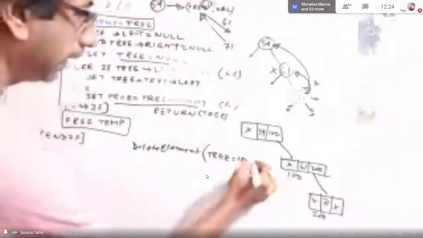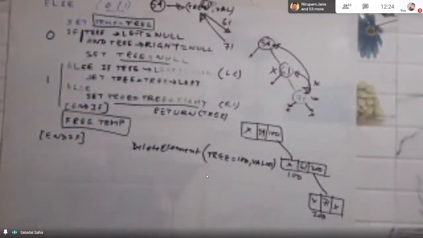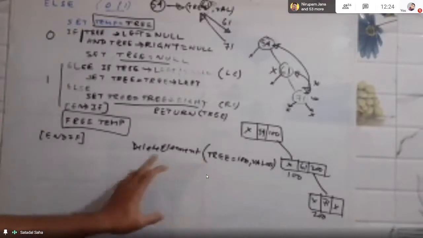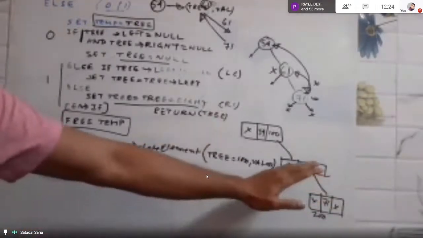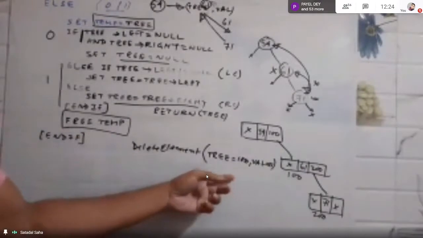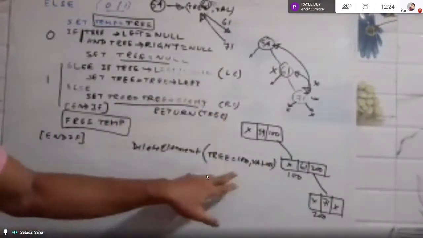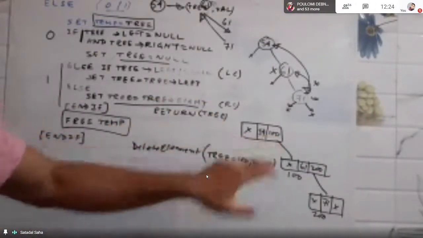Okay, when I'm calling this delete element with tree and val equal to 61, we are trying to delete 61 and we have passed the right child address, which is also 61. That means we are passing this tree with the value 100, which is the right child address of 54.